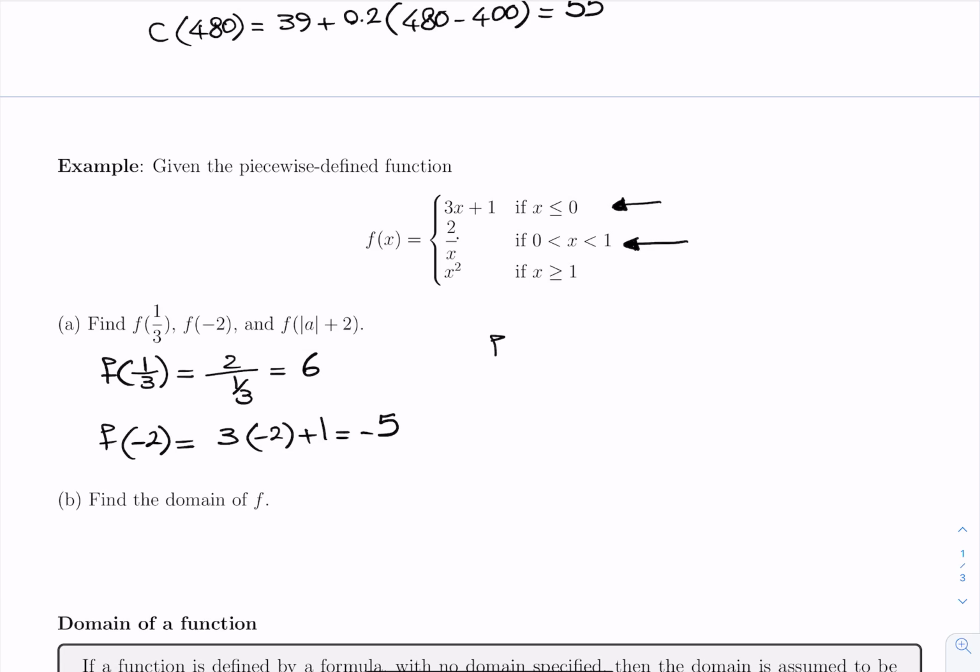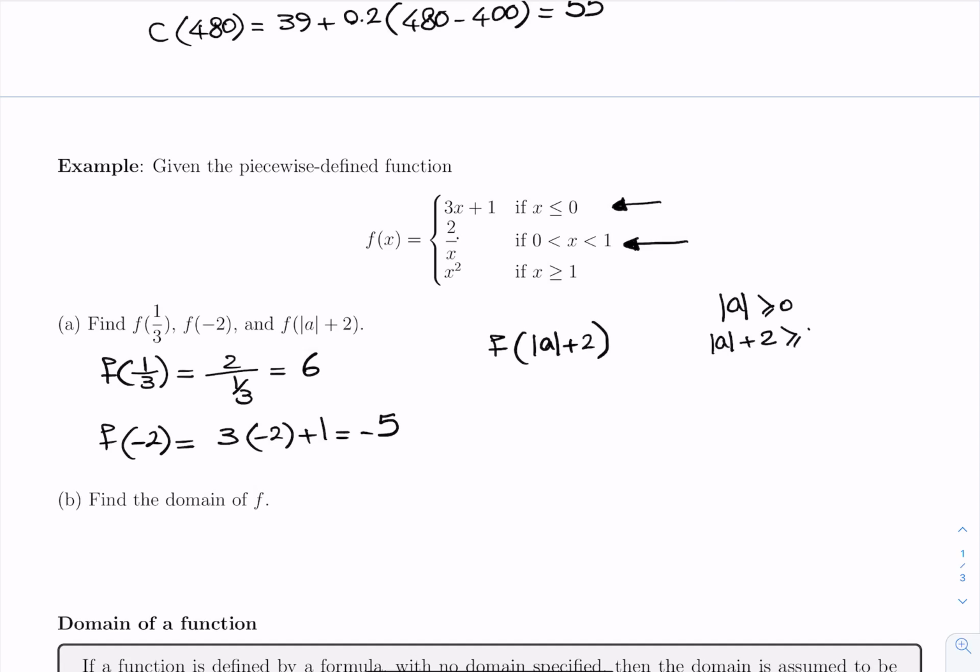Now f of absolute value of a plus 2. Let's think about this absolute value of a plus 2 to decide which condition that will satisfy. What do we know about absolute value of a in general? That is always greater than or equal to 0. So what do I know about absolute value of a plus 2?